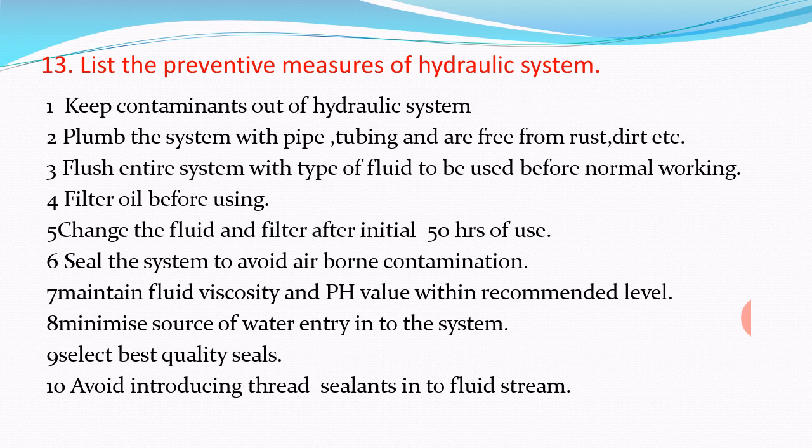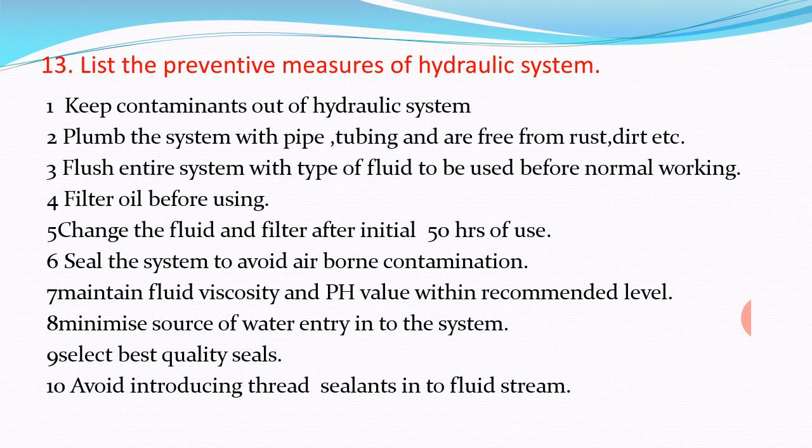It means with the help of normal oil. Now filter oil before using it. Change the fluid and filter after the initial 50 hours of use, so that we can remove the factory-borne contaminants.